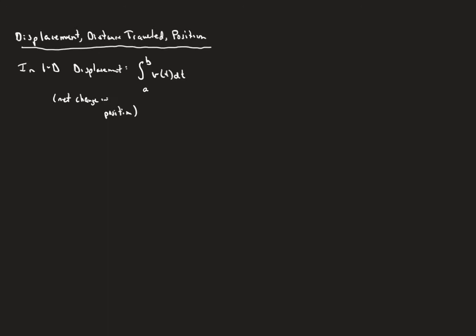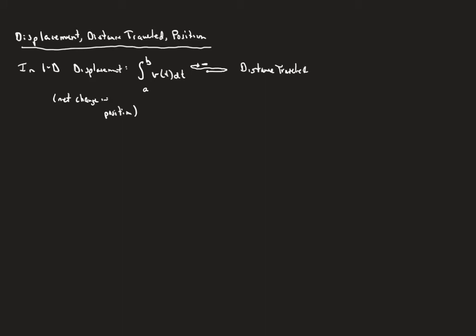So if you imagine this particle starting somewhere, maybe it moves right for a bit, then it comes back left, and then maybe it comes back a little bit, but ends up not quite where we started. The displacement is going to be that net change in position. In the example I showed here, that would be a negative number. Okay? Now, distance traveled, here we want to count all the steps that we took.